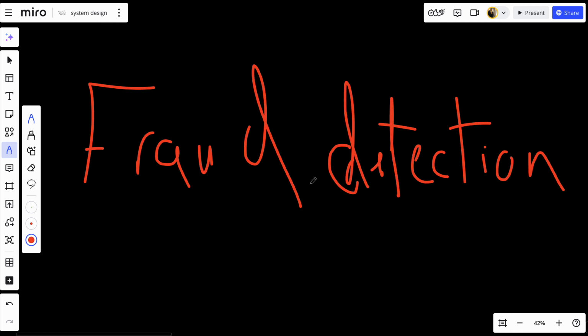Graph databases make it easy to identify suspicious patterns, such as an account being part of a larger network of potentially fraudulent transactions. By modeling these connections as a graph, it's possible to quickly identify unusual clusters or anomalies.